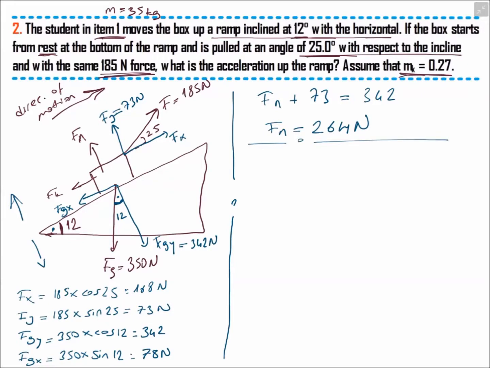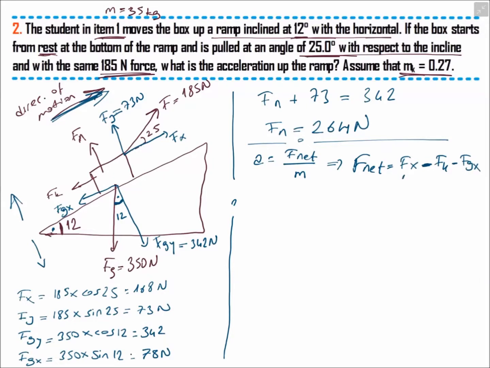Then we have to do the calculation for acceleration. Acceleration equals F net over mass. Mass is given, so we have to calculate F net. What is the F net here? The system is moving in this direction, as I told you before. So Fx minus the forces in the opposite direction, Fk and Fgx.